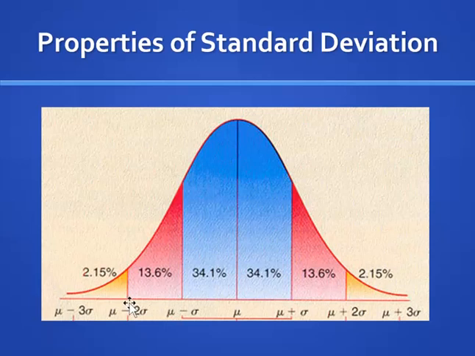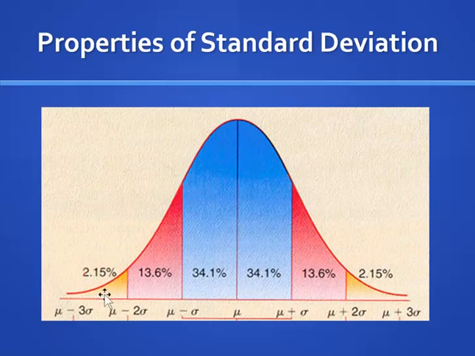If we go all the way out from -2 to +2 standard deviations, that's around 95% of all of our scores, right? We'd add all 4 of these areas together, and we get something very close to 95% of all of our scores, which we would expect to fall within -2 to +2 standard deviations of the mean.